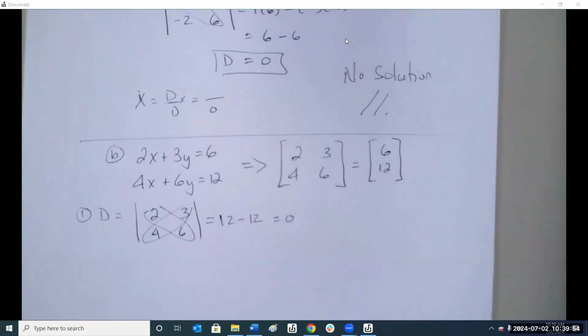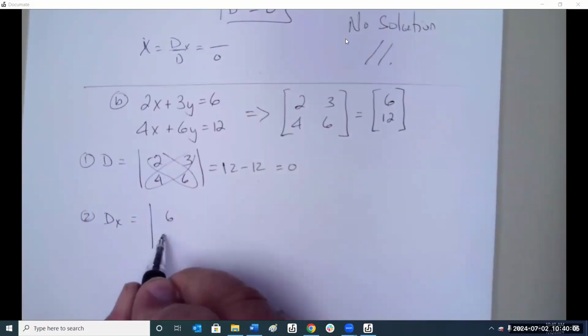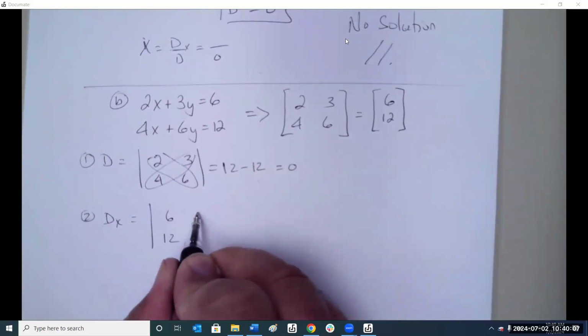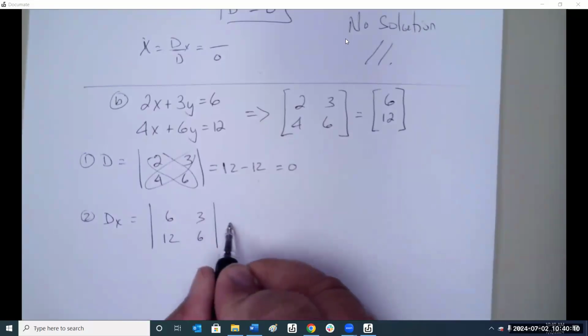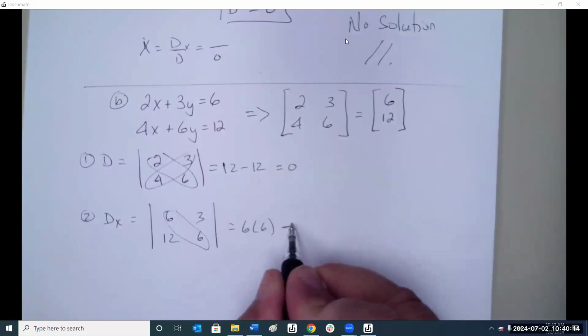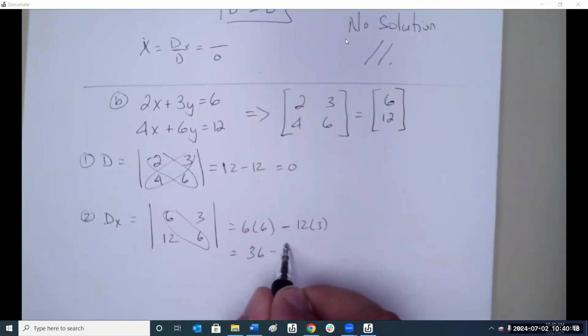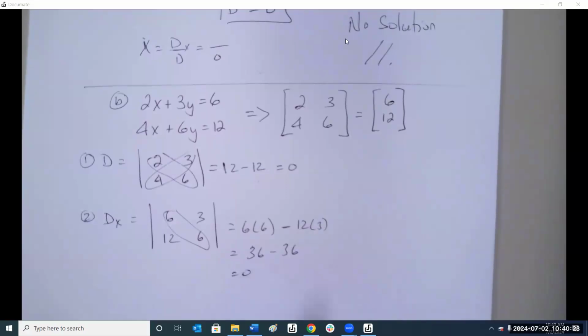Uh-oh. There's going to be one difference here. Let's look at dx. 6, 12, 3, 6. 6 times 6 minus 12 times 3. 36 minus 36 equals 0. So here we're going to get 0 divided by 0.